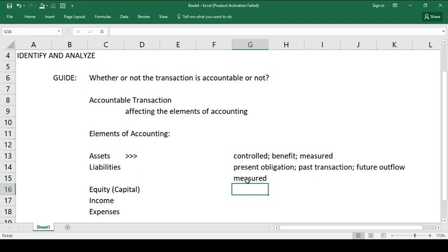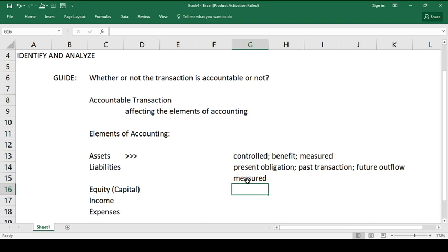At purpose ng outflow of resources is for us to be able to settle any obligation. Settle, ibig sabihin, mabayaran natin yung utang, ma-extinguish yung utang, mawala yung utang. That is the purpose why we will have an outflow of resources in the future. And then, that obligation that we have presently can be measured reliably. Okay? So that is how we describe a liability.